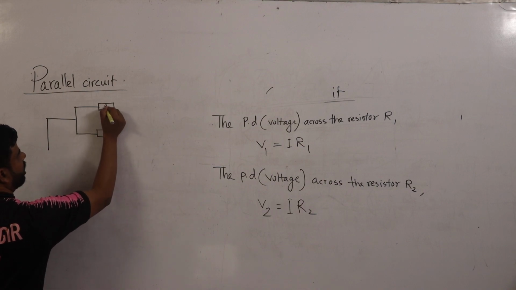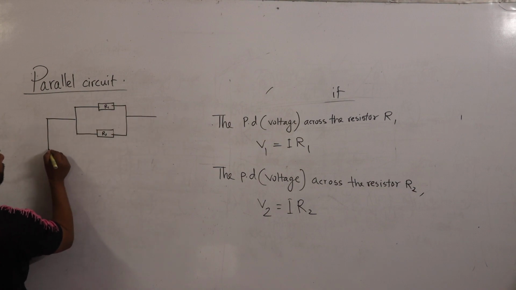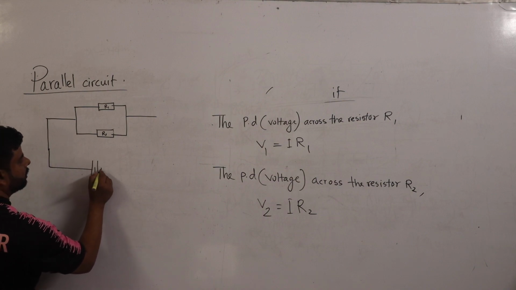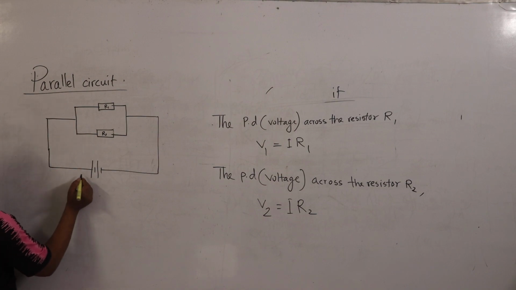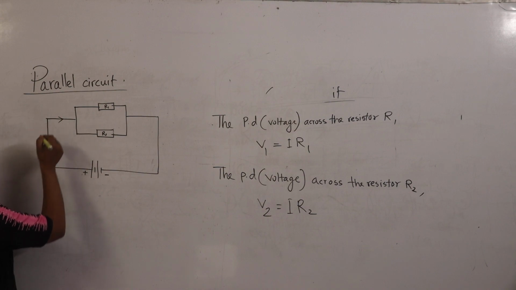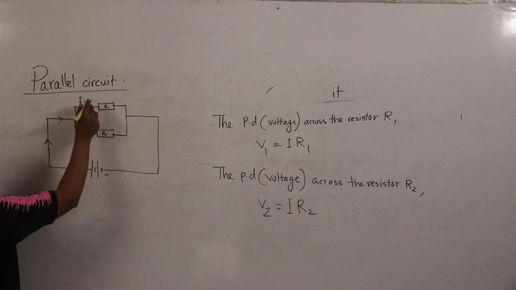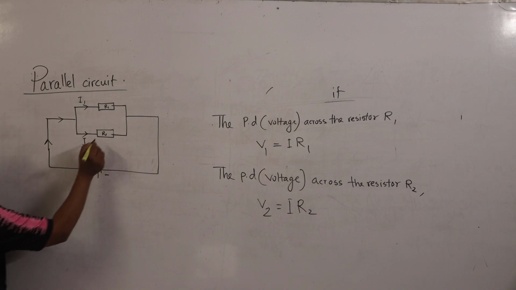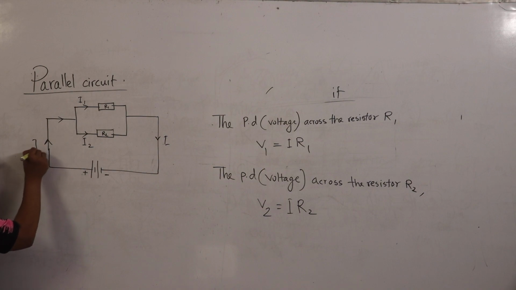So here R1 and R2 are connected in such a way that there is a lot of alternating path of current flow. So this one is the parallel circuit. Here is the positive terminal, negative terminal, current flows through this, then divides among R1 and R2. I1 current flows through R1 and I2 current flows through R2, and the total current again becomes I.